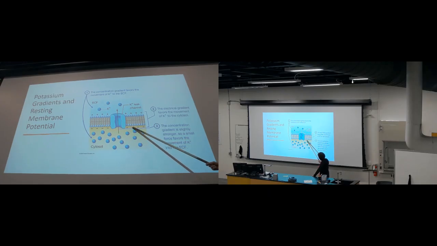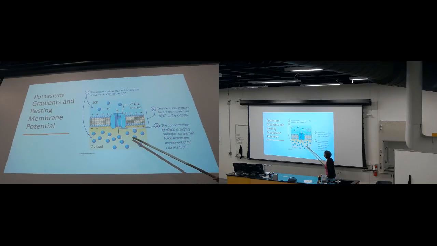Now, these negative charges are shown here by this minus sign, and the positive charges found outside the cells are shown by this plus sign. The most concentrated positive ion outside the cells is sodium, and the most concentrated negative ion is chloride.